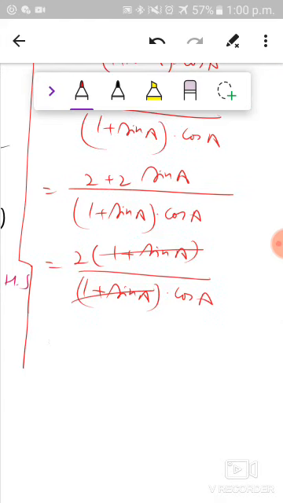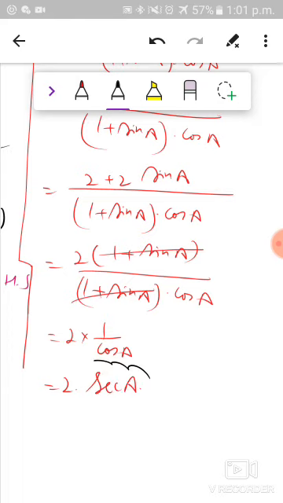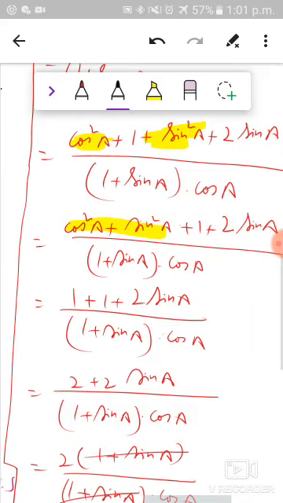So what we are having, 2 multiplied by 1 by cos A, and 1 by cos A is what? That is sec A. So which is our right hand side. So this is how we will go through these questions.